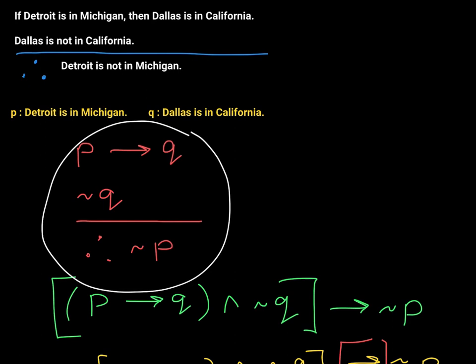It's called the law of contraposition. That is the form of this argument. So make sure you have this argument form labeled in your notes as the law of contraposition. So if you're given a statement, if P then Q, and not Q, then you can conclude not P.